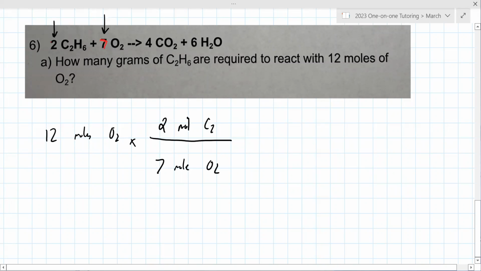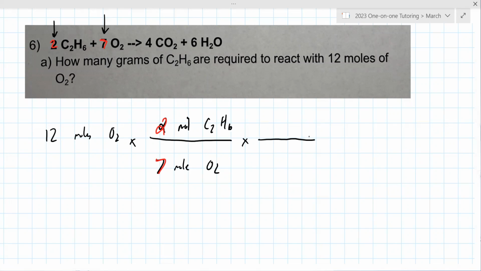It's this number here and this number here. O2, times 2 or 1 mole.